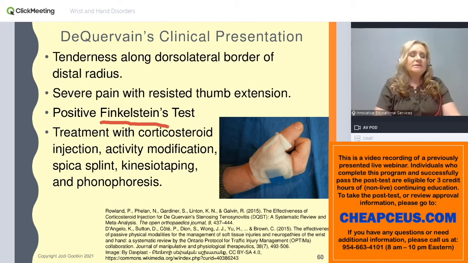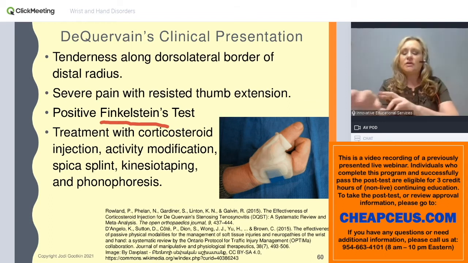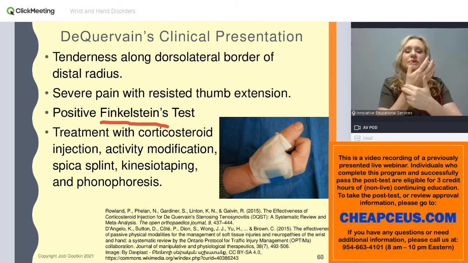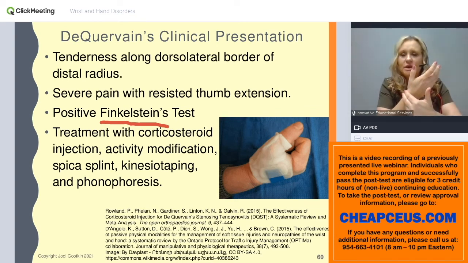Because we may see some slow progress with the patients and we need to quantify the discomfort that they are experiencing, one scale that I found in the research had you palpate over the region where they would be tender. A 0 would mean there's no tenderness that's noted.